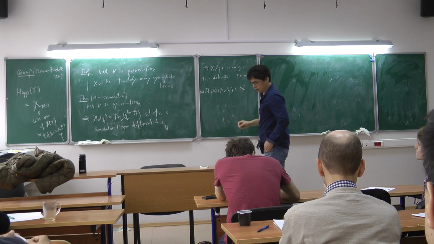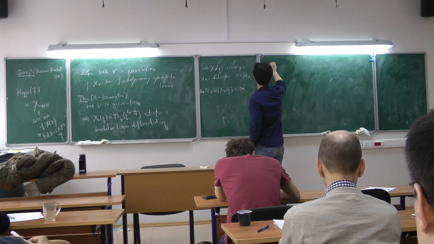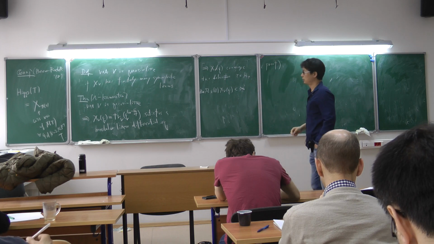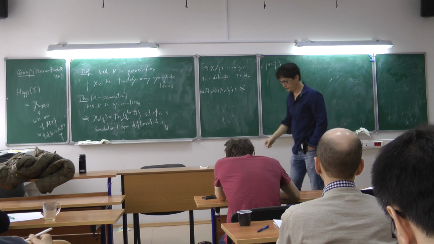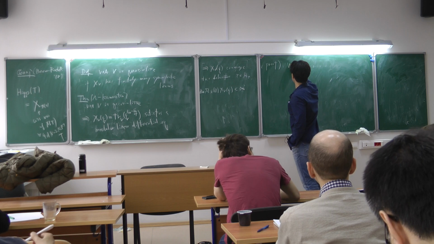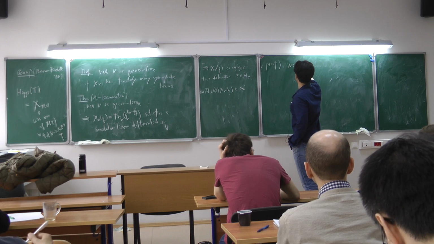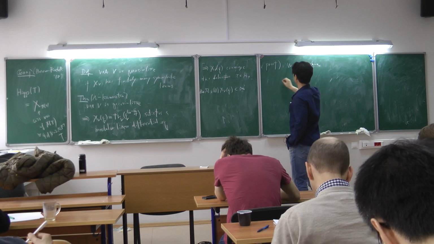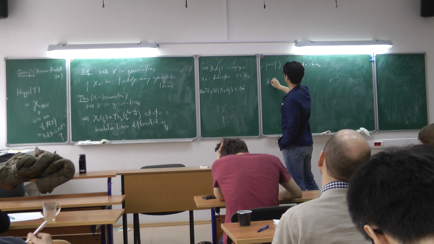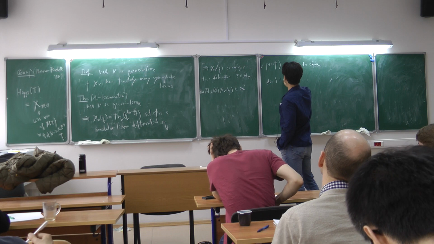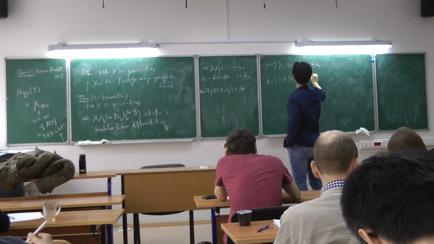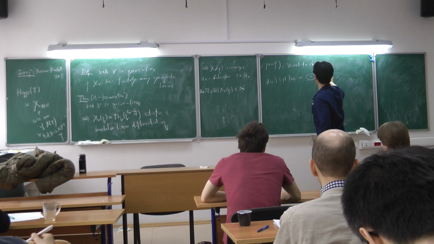Yeah, maybe I'll just say a few words about the proof. It's not so difficult. What you want to show is that the dimension of the space of one-point functions on an elliptic curve is finite.